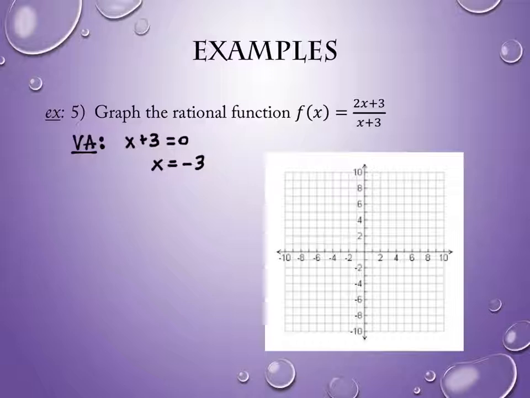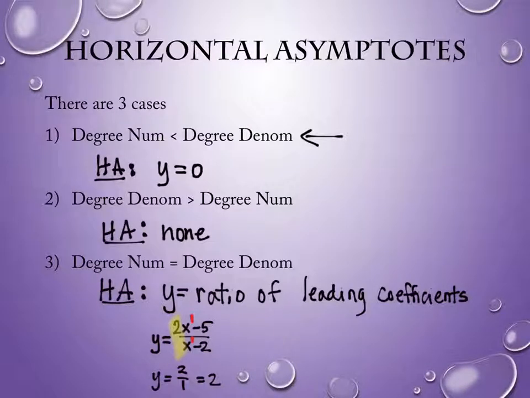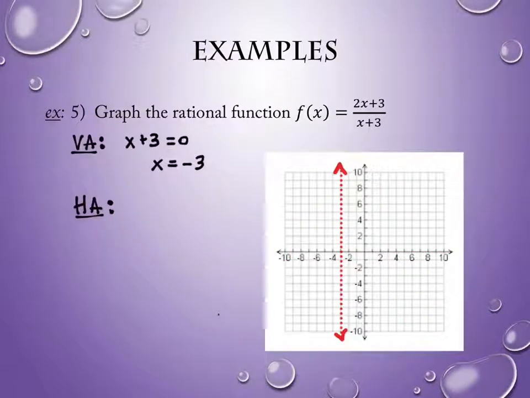Okay, so I'm going to graph it as I go. x equal negative 3 would put me, whoops, here. After I do my vertical asymptote, what do? Horizontal asymptote. At least I test for it, right? Which case am I in for this horizontal asymptote? This is case number 3. The degrees are the same.